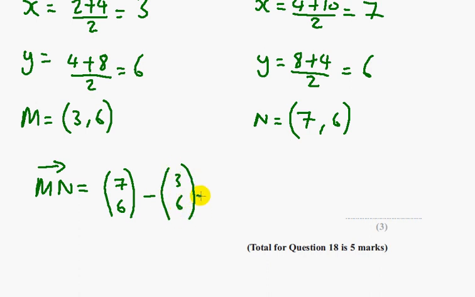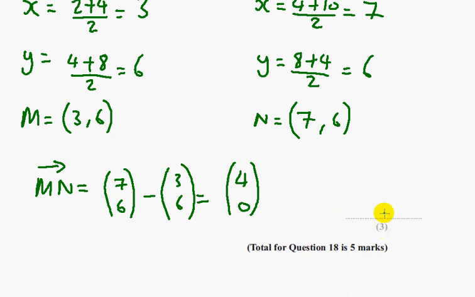So it would go 4 to the right and 0 up. If we just think logically, if M is at (3, 6) and N is at (7, 6), that makes sense. It just goes 4 to the right and none up. And that's it for question 18, part B.